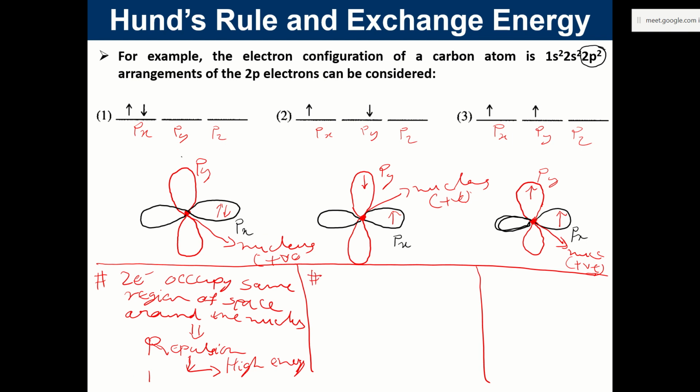In the second case you have overcome it. 2 electrons now with the same upspin and downspin, px and py. Now they occupy two different regions of space, so repulsion is less. ठीक है.